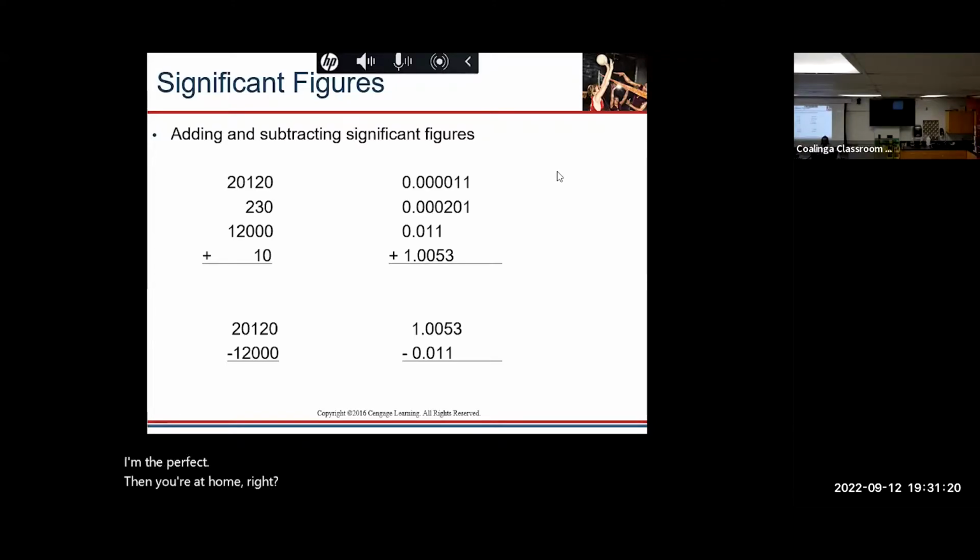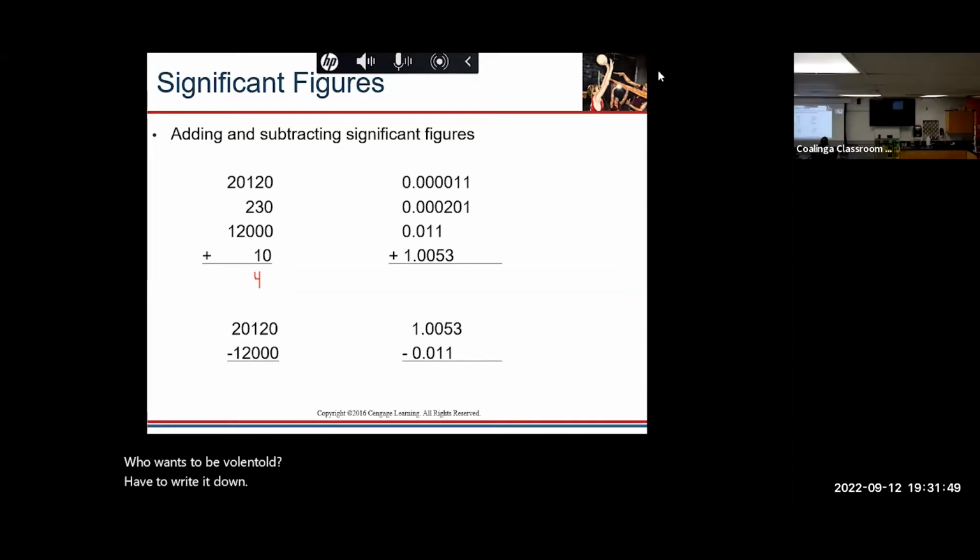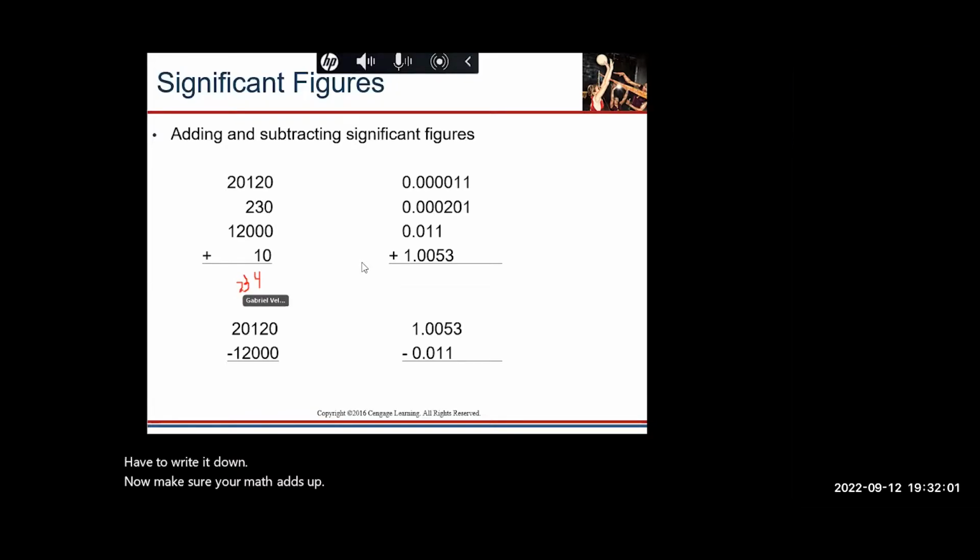Okay, so since we're doing addition and subtraction, do you guys want to go ahead and do these for me? Or who wants to be voluntold? Hold on, I'm still writing it down. Now make sure your math adds up. I'm too tired for this.